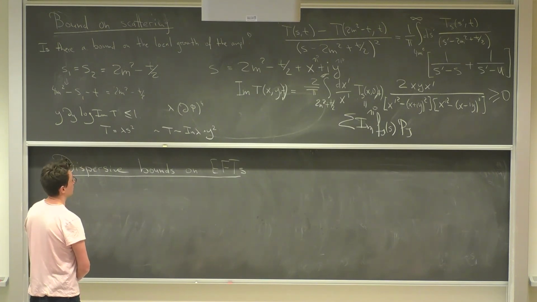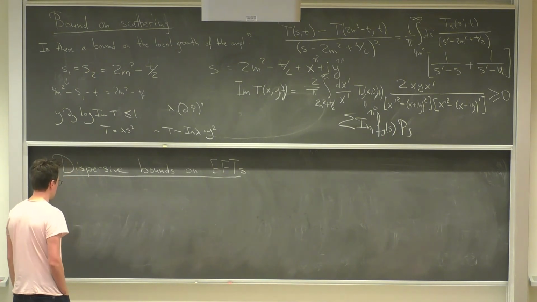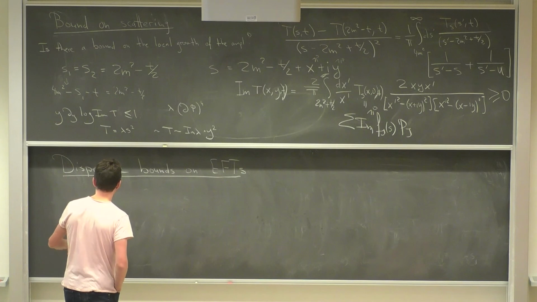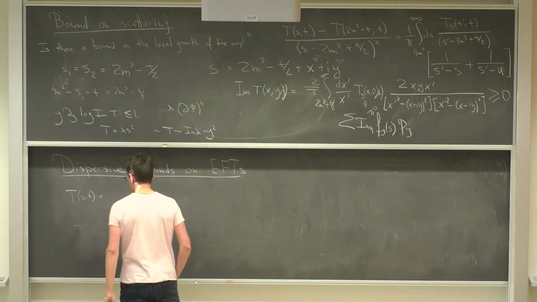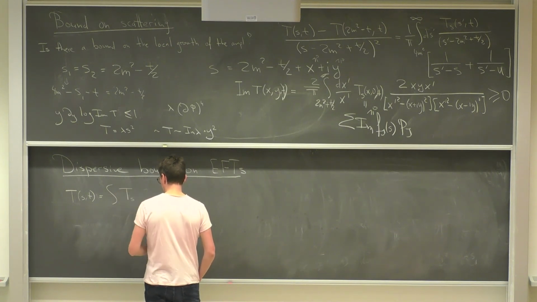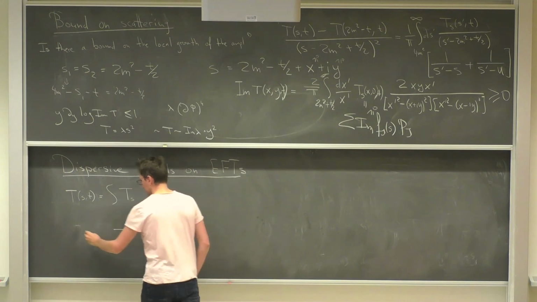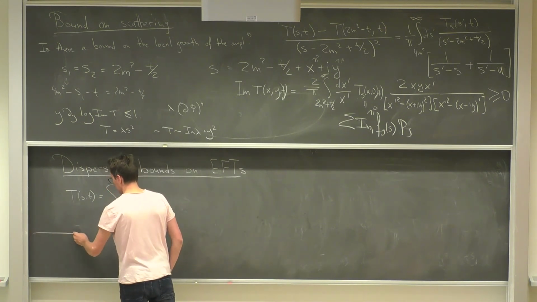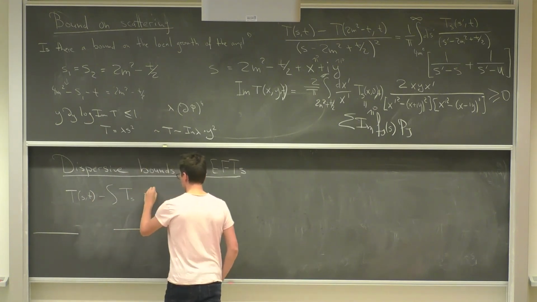Remember the rough form of the dispersion relation. We have the amplitude, and it was given through the subtraction terms, maybe, plus the integral over the discontinuity. Let me take the difference between the two, and it's equal to 0.